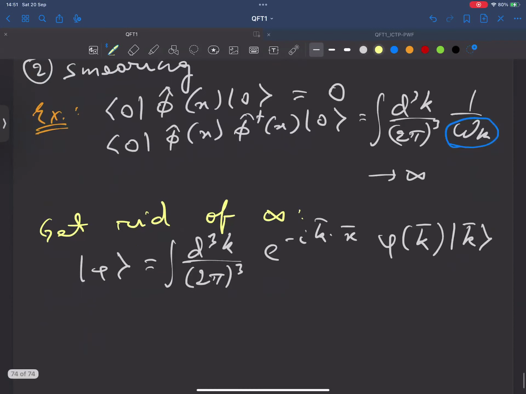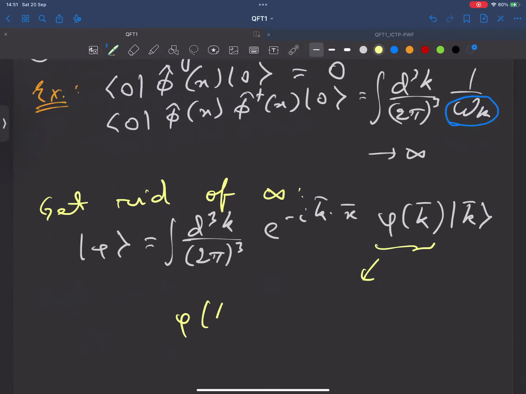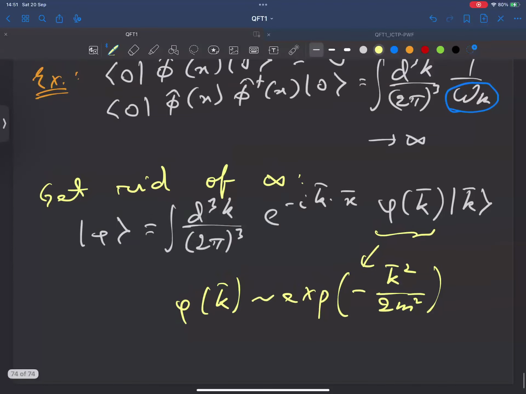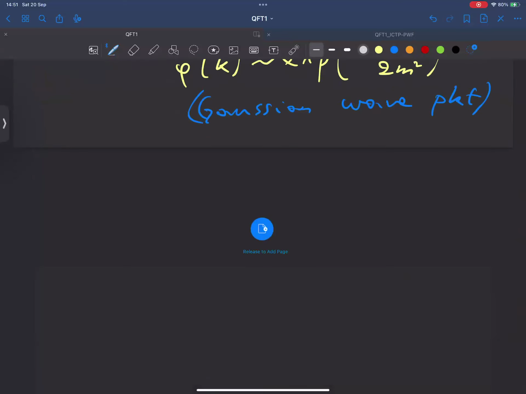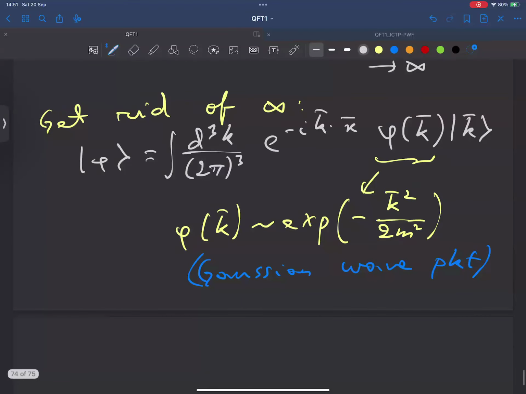So I have plugged in this guy, which can be taken as a Gaussian wave packet, something like this. So this is like a Gaussian wave packet, and which is localized both in position and in momentum space.